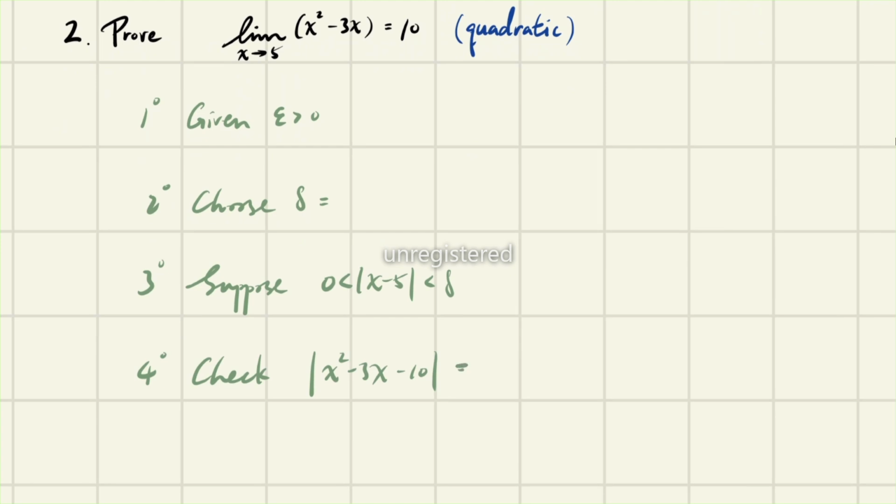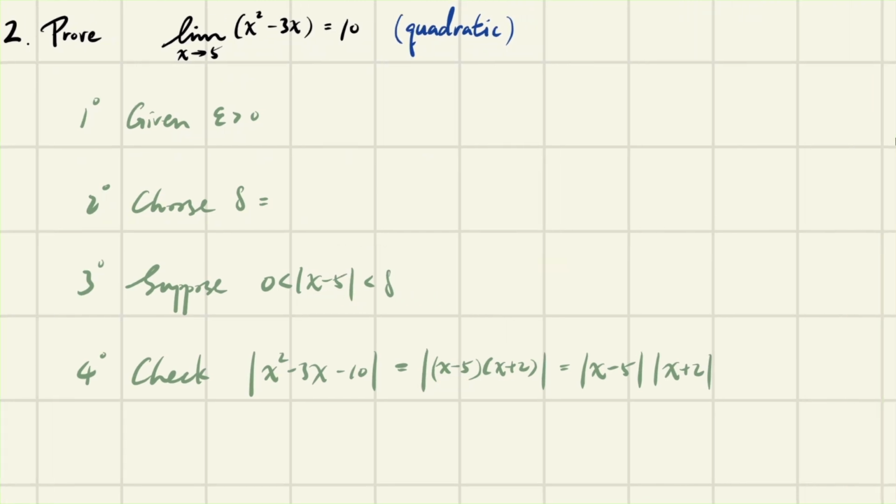Okay, and now we can separate them into x minus 5 and x plus 2. The condition that we have is the absolute value of x minus 5, so we keep it as absolute value of x minus 5 times absolute value of x plus 2.